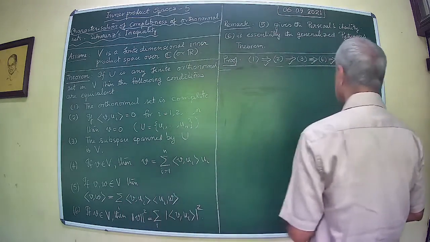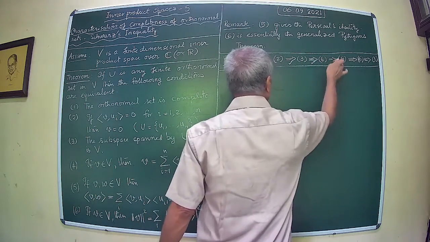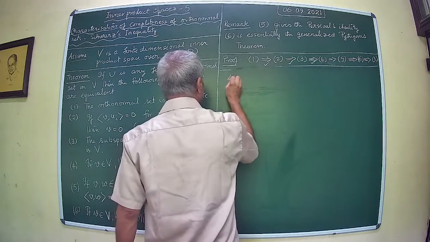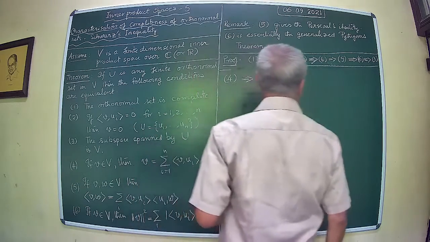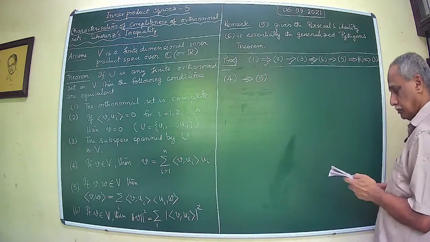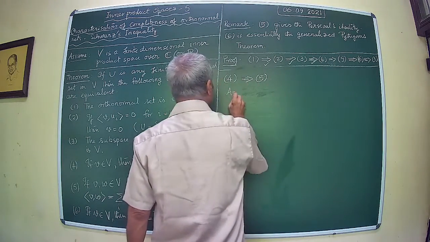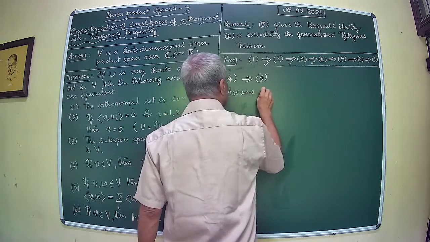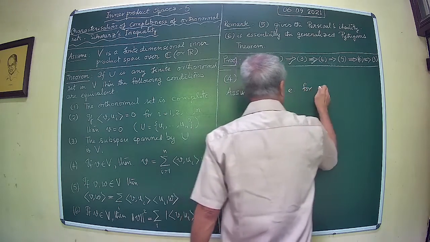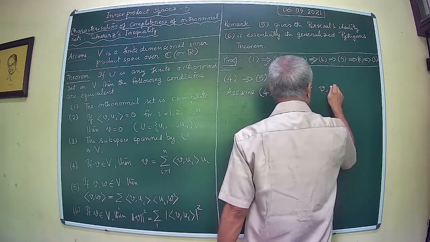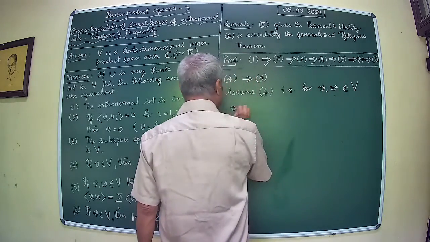4 implies 5. Okay, let us assume that for V belonging to V, V is equal to the expansion.